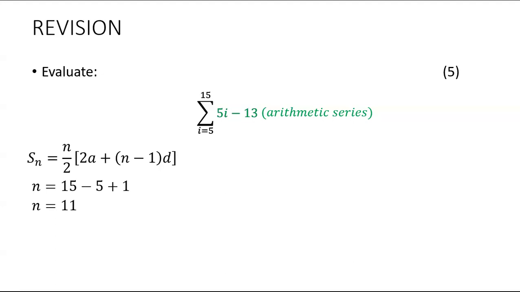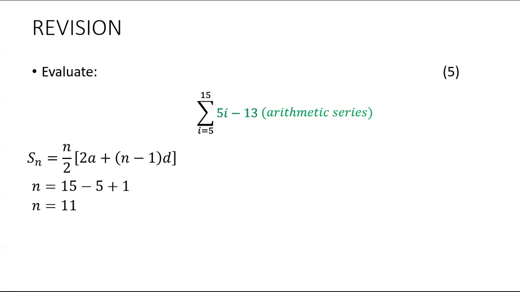Now, please note that a does not represent the first term of the whole sequence. a here represents the first term from which we start adding. I repeat, when you find a sum, a represents the first term from which you start adding. So we start adding from position 5, and we need to find the term in position 5.